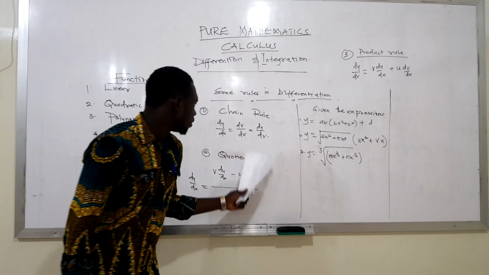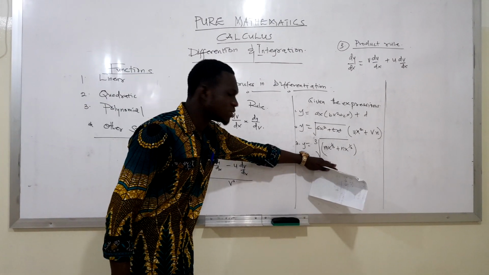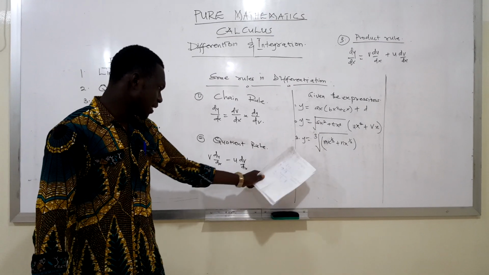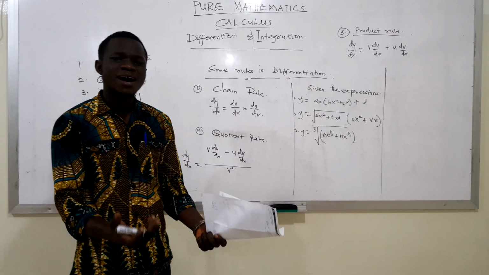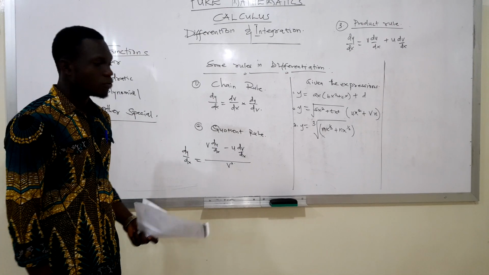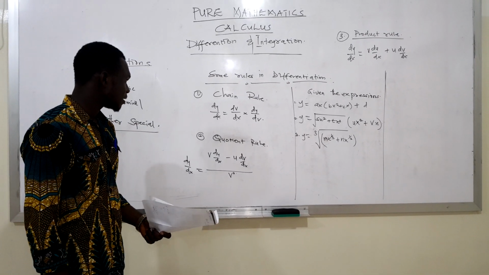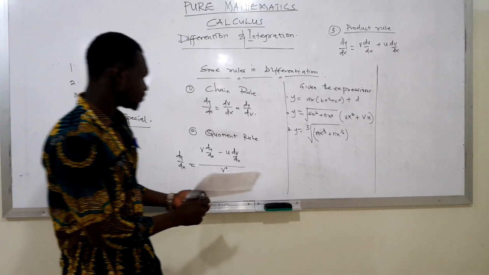Now, with the chain rule, I just want us to consider this third example, to find out how we are going to find the derivative of that function using the chain rule.